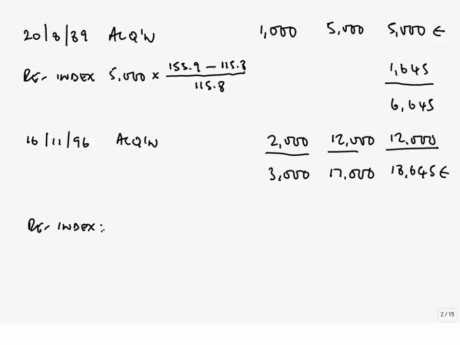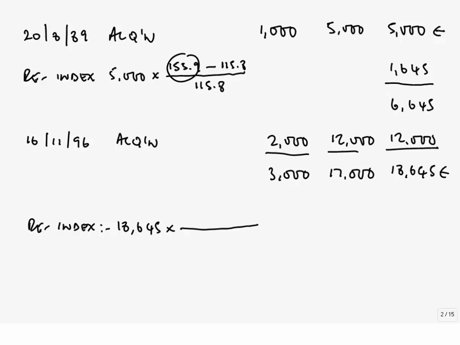What is that? Our re-indexation here will be based on £18,645 multiplied by. Now you know what was the RPI the last time you did a re-indexing. You've got it there. You indexed up to November 96 using the then RPI of 153.9.